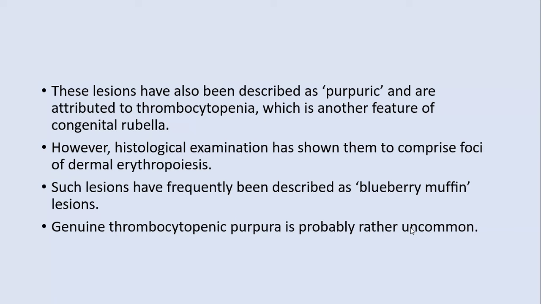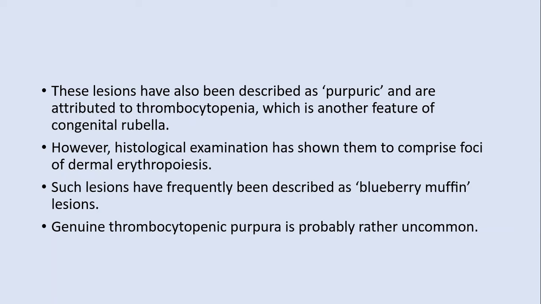The lesions have also been described as purpuric and are attributed mainly to the thrombocytopenia, which is a significant feature of this infection. The histological examination shows foci of dermal erythropoiesis. These lesions are described as blueberry muffin lesions.